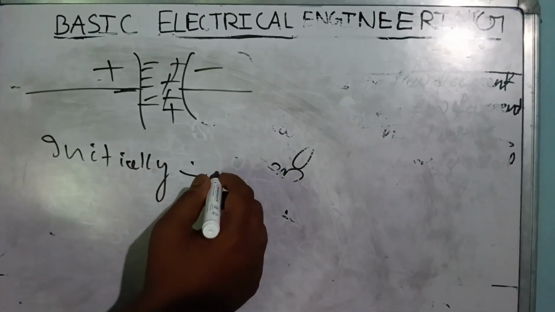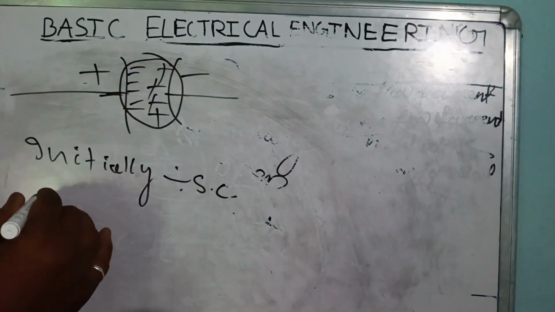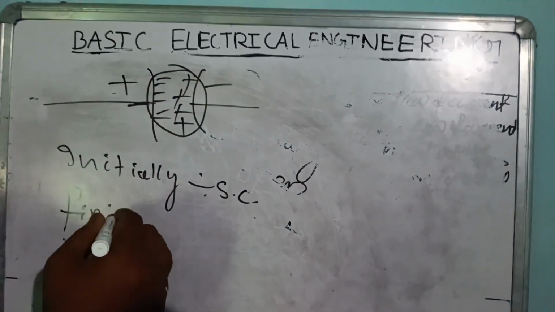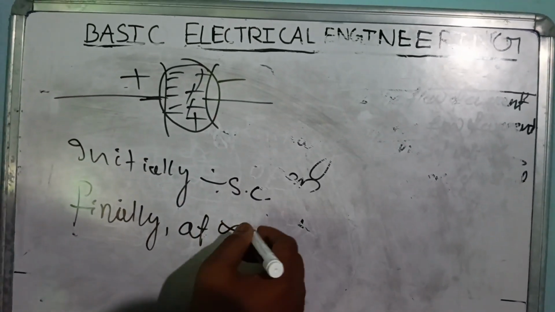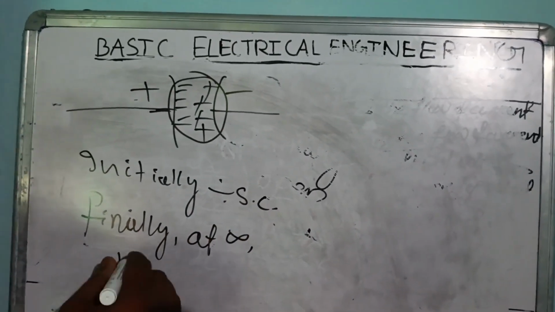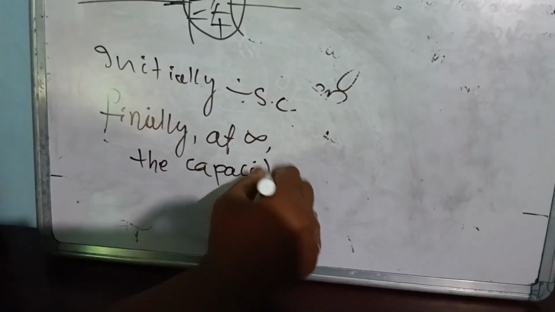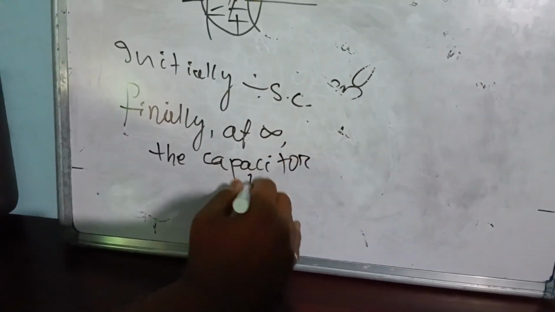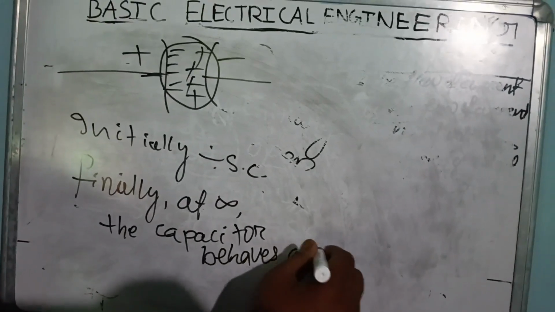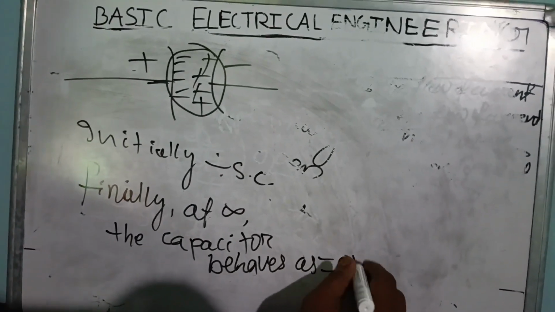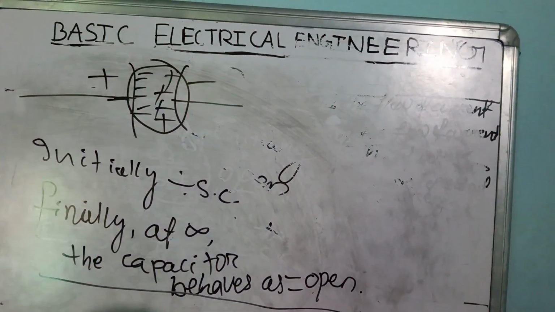When the total voltage develops, finally at infinity, the capacitor behaves as open.